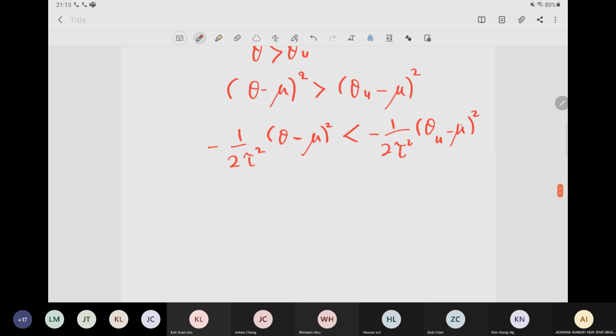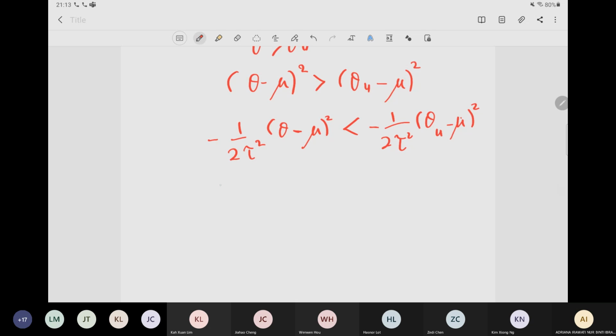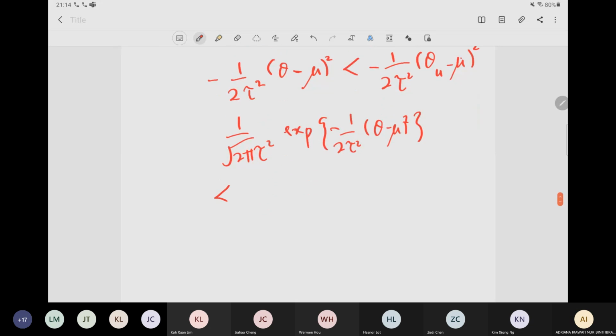Again, you put your constant, and then your exponential, or less than.